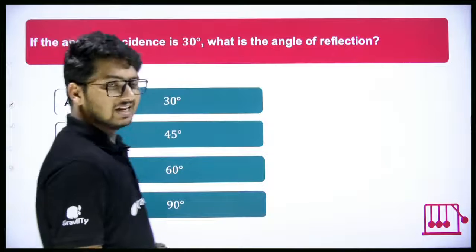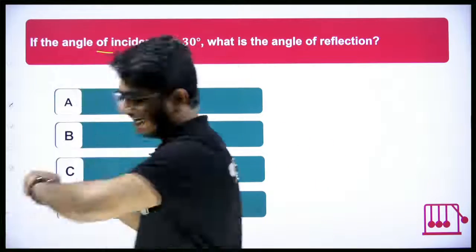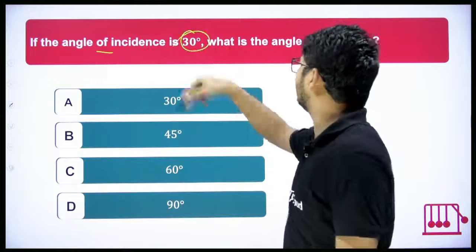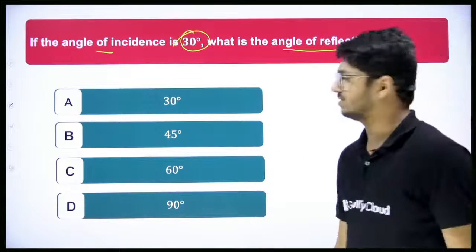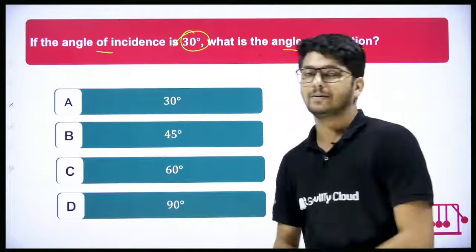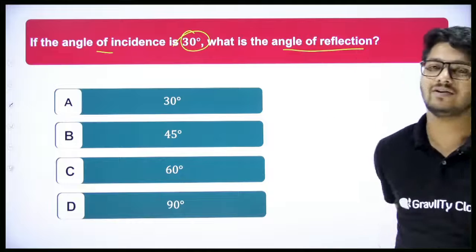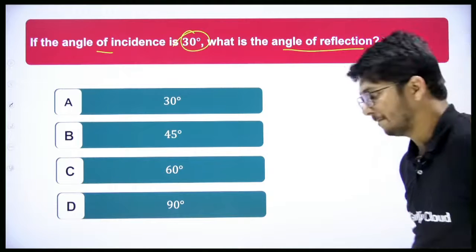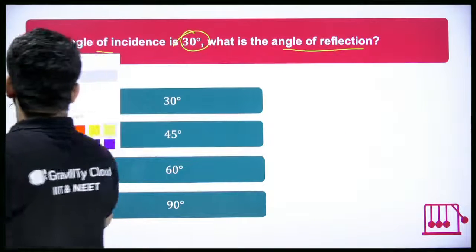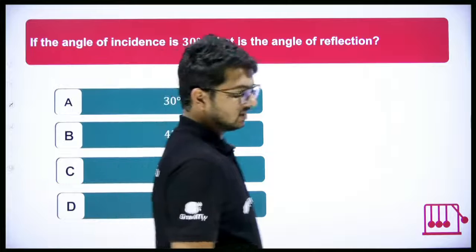So we have a simple question here. Let's solve a few questions then. If the angle of incidence is 30 degrees, what is the angle of reflection? You have a few options: 30, 45, 60 and 90. What is that going to be?